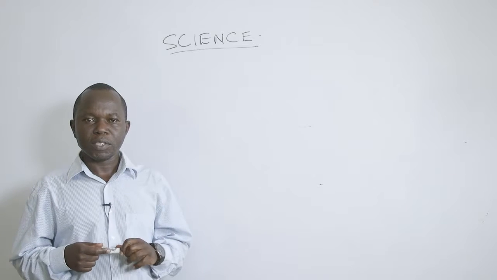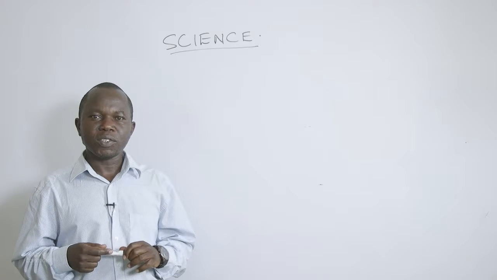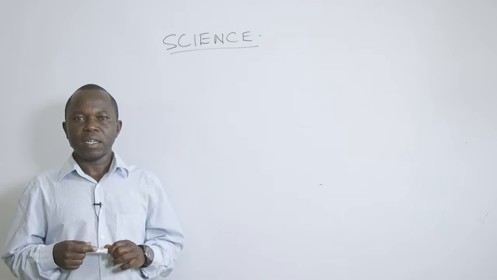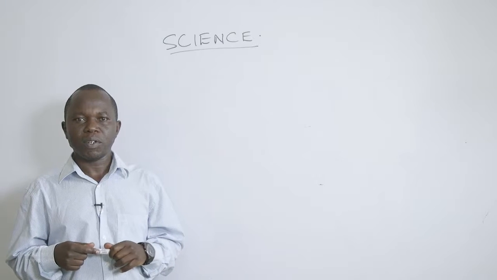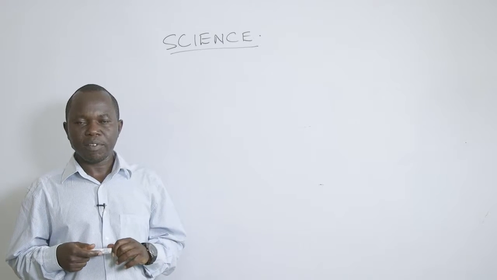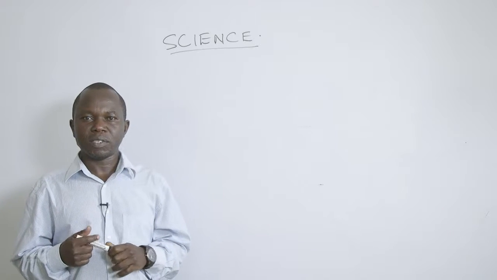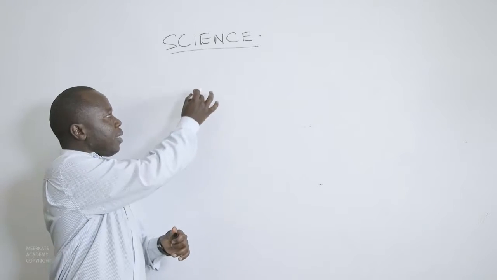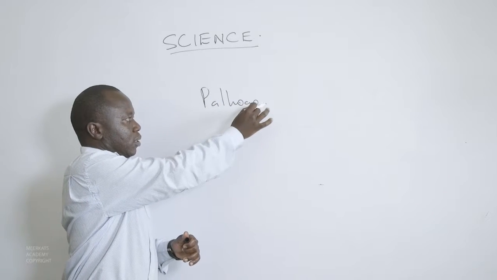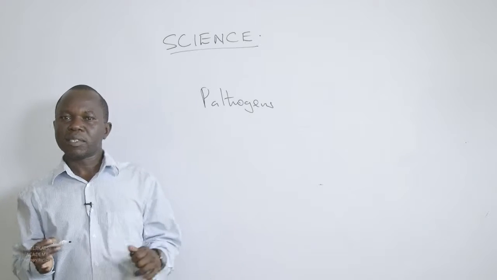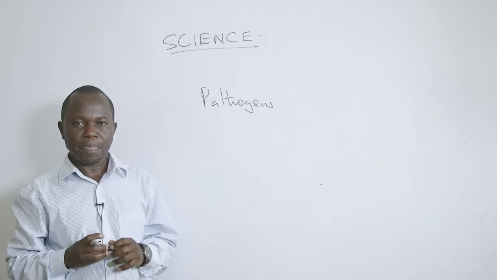For that purpose, we were able to emphasize that those dysfunctional impairments are what we call disease or malfunctioning. And those microorganisms that cause diseases, we gave them a name as pathogens. So those microorganisms that cause diseases are called pathogens.